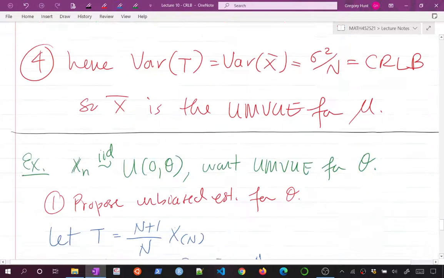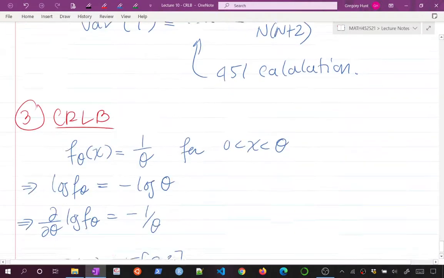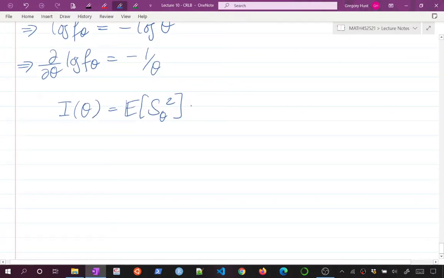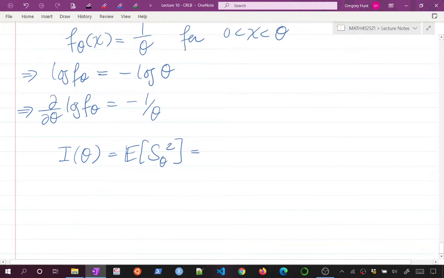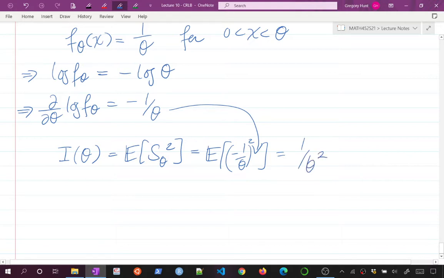So something weird is going on. We could calculate the information as the score squared. So that's the expected value of negative 1 over theta squared. The score doesn't depend on x as it happens, so this would just be 1 over theta squared.